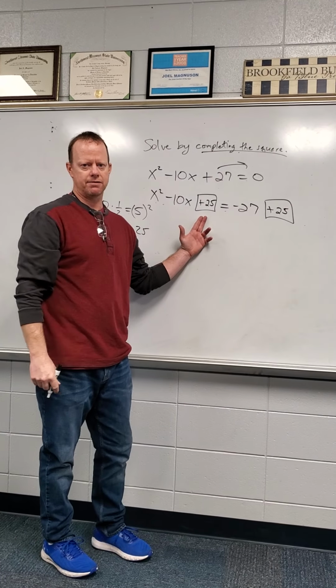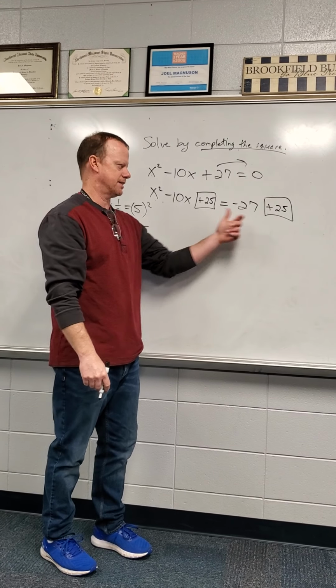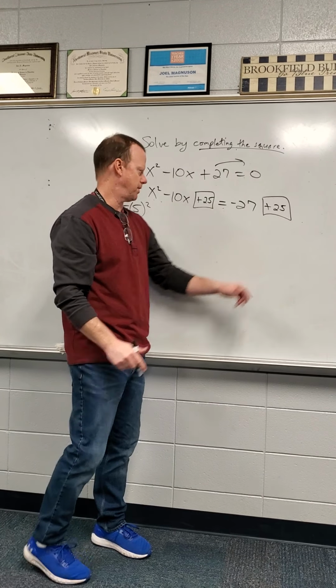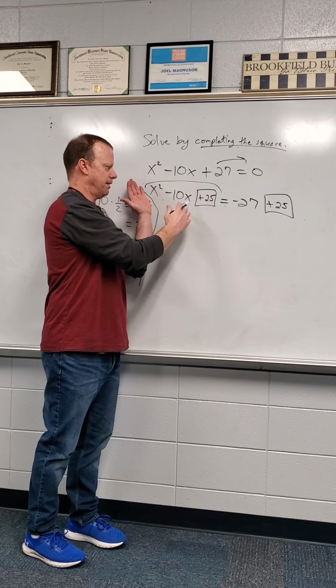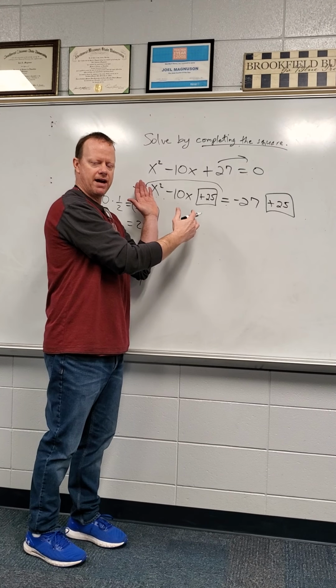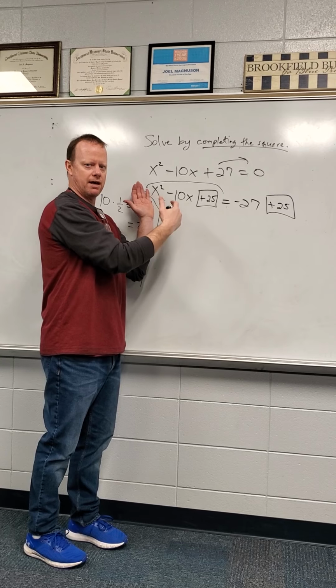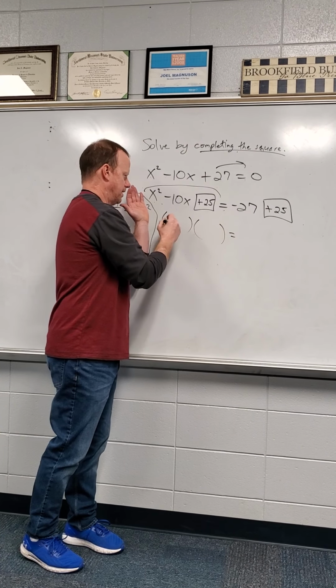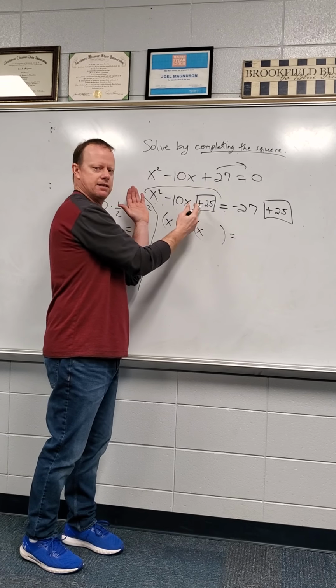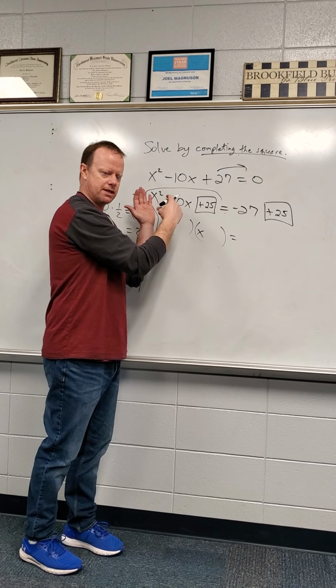Whatever you add to the left side of the equation, you have to add that same number to the right side of the equation. So you have just created a trinomial over here on the left-hand side that will factor to be some quantity times itself. It will be a square. So you factor that left-hand side, x, constant is positive, so you look to the middle, get your signs.